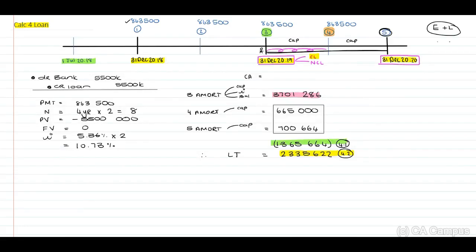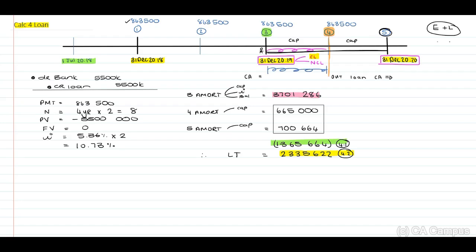Okay, next. So when we look at our timeline, remember they settled the loan here, guys, the orange, in the middle of 2020. Therefore, we will have to take out the loan, but we need to take out the carrying amount of our loan. Okay, now when we look at the timeline, what is the other thing you need to remember? That there will be interest for the first 6 months. Now we need to calculate this.